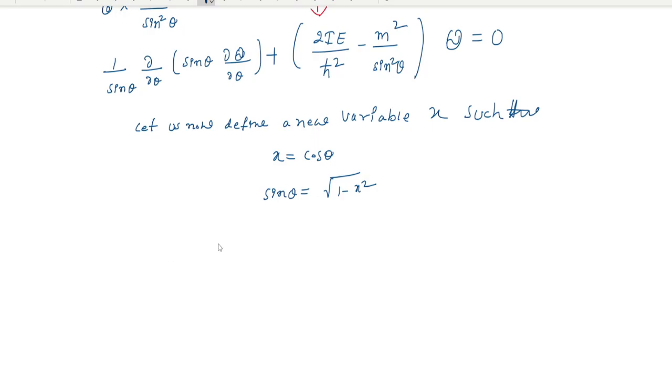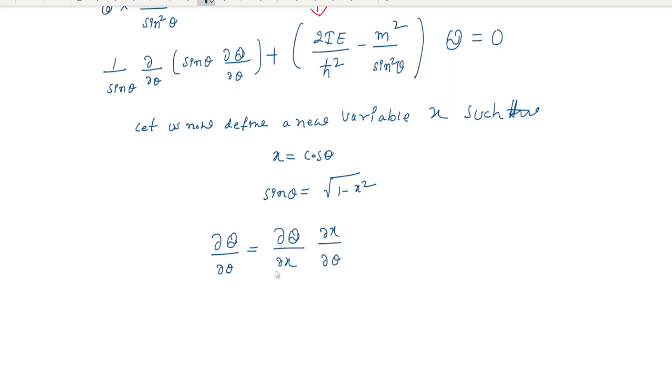Then let us start with the partial derivative with respect to small theta. I'm going to write this operator like this: dou by dou theta equals dou by dou x times partial derivative of x divided by dou theta. Now what is the differentiation of x with respect to theta?